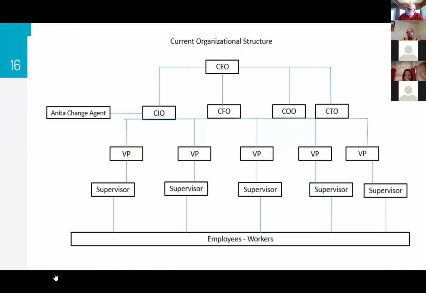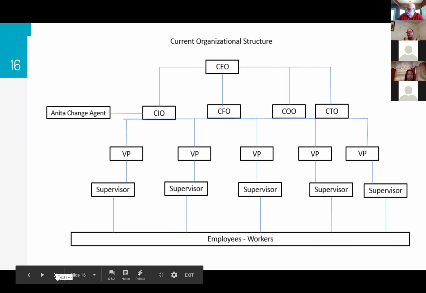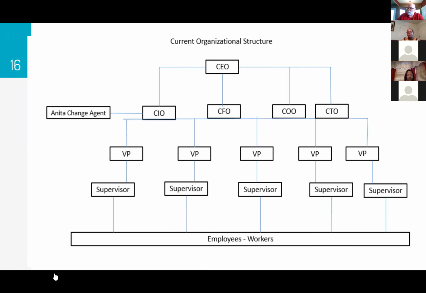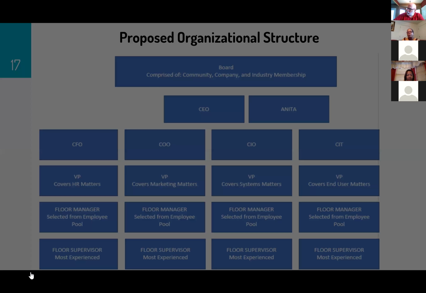And Anita is this change agent who is actually reporting to the Chief Information Officer. And then under that, we have all of these VPs that were attending all of the meetings that then reported to the other chiefs. And then under them were the supervisors, and then we have the other workers or employees. So that's the current organizational structure that doesn't seem to be working with this organization right now.